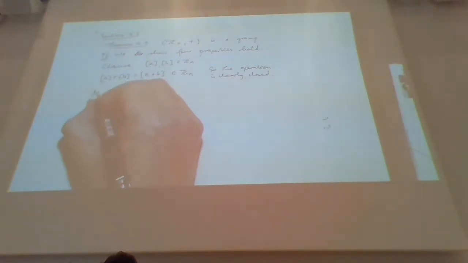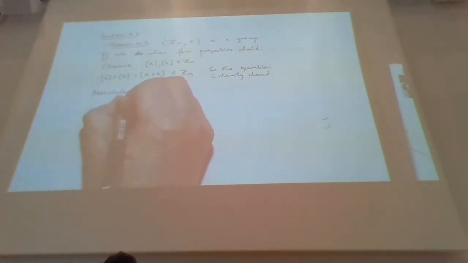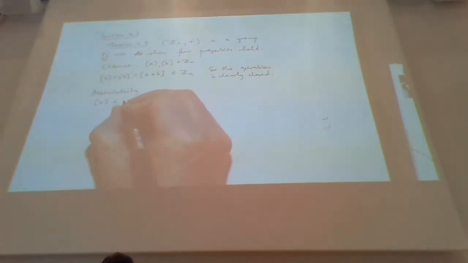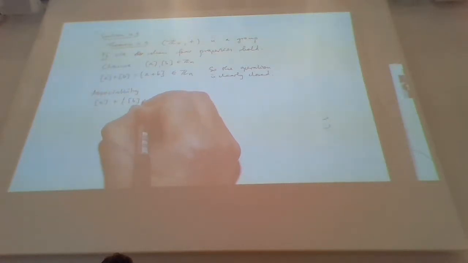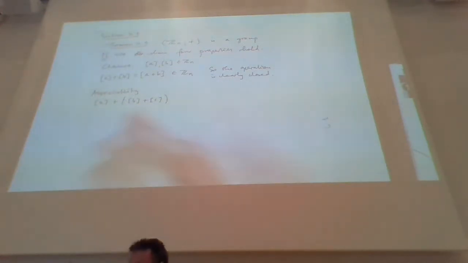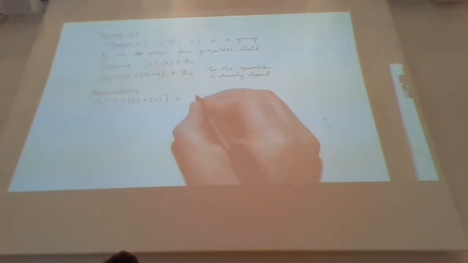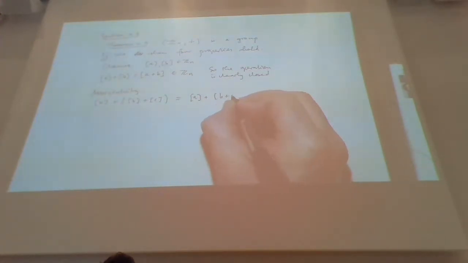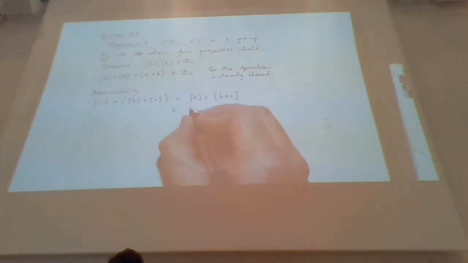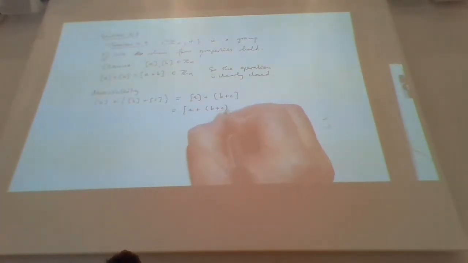Associativity. I have to think carefully about this. Take it for granted that these are three congruence classes from Zn. Well, by definition, this is the congruence class of A plus the congruence class of B plus C. By definition, this is A plus the sum B plus C, and it's the congruence class of that.